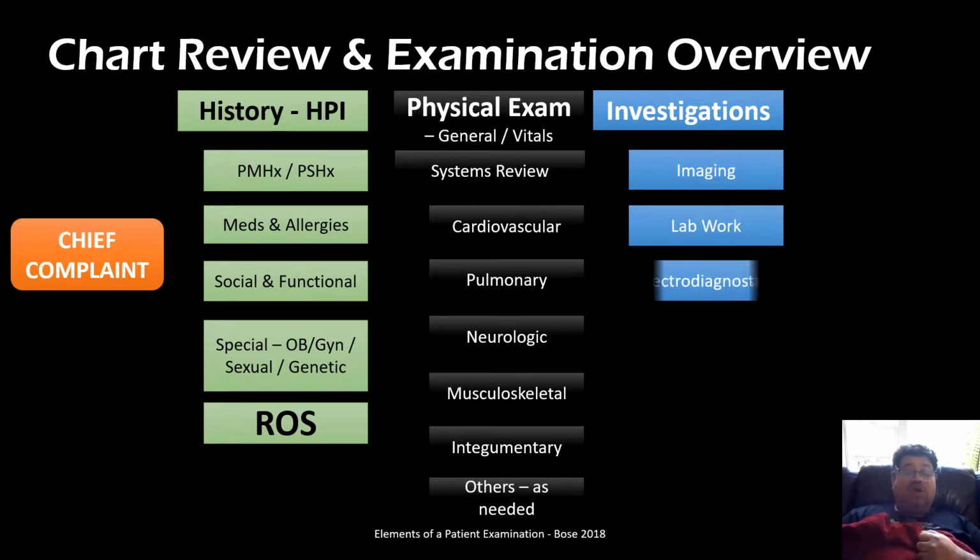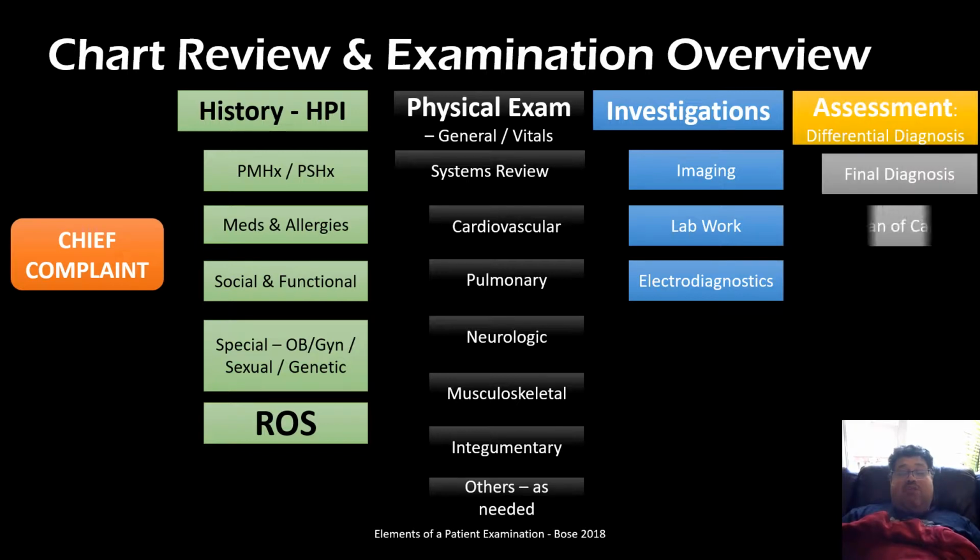Then we look at the investigations that are done outside the patient room. For example, imaging and lab work and electrodiagnostics and pulmonary function testing. After that, we do the assessment and we do something called a differential diagnosis. What are the likely explanations for the given symptoms? And that leads us into the final diagnosis.